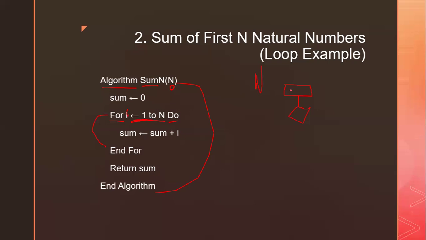So here we say sum is equal to 0. Then 0 to n. So here we say sum equal to n, something like that.